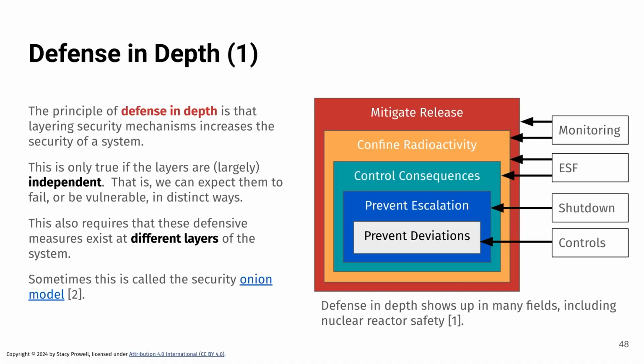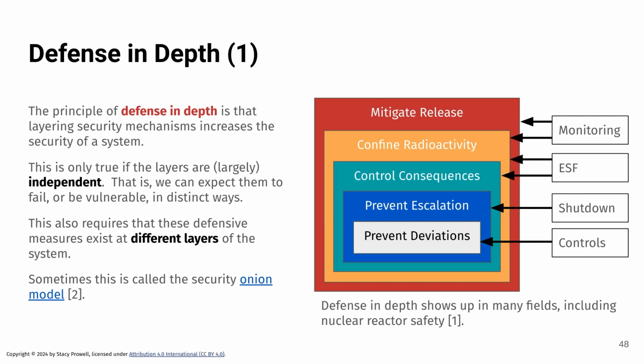Over on the right-hand side, I have an example of defense in depth that comes up in nuclear reactor safety, one of the places where you'll first find the term being used. Right in the center, we have controls that are there to prevent deviations, to prevent the problem from ever starting, to prevent a runaway nuclear reaction that could result in a meltdown.